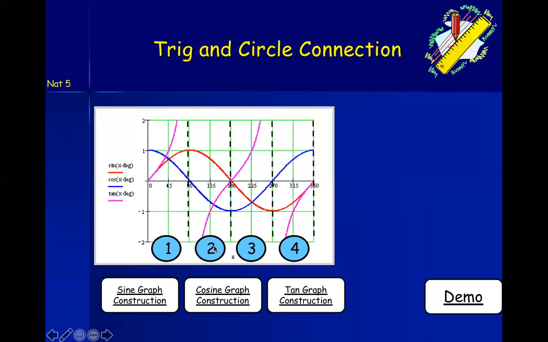In the second quadrant, only the sine is positive. Have you noticed that? In the third quadrant, only the tan signal is positive. And in the fourth quadrant, only the cosine signal is positive.